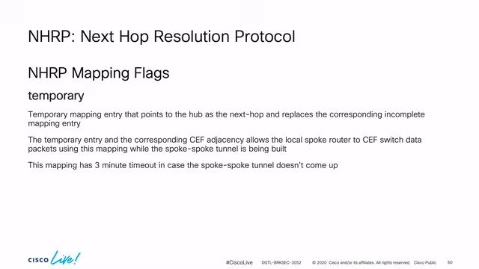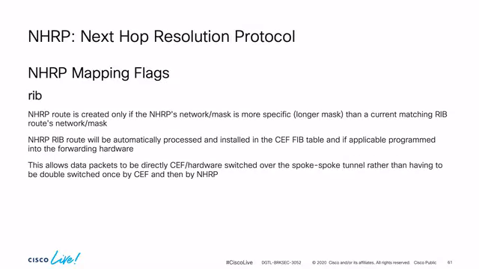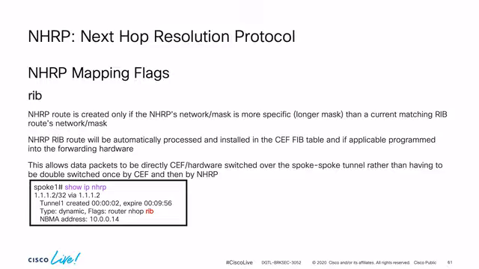The rib mapping flag is a very important flag as far as DMVPN phase 3 is concerned. Remember when I was talking about how the routing updates and the spoke-to-spoke communication happens in DMVPN phase 3? I did talk about the NHRP route which gets installed in the routing table, which ensures that the data packets can be directly CEF or hardware switched over the spoke-to-spoke tunnel, rather than doing a double lookup, once in the CEF table and then in the NHRP table.